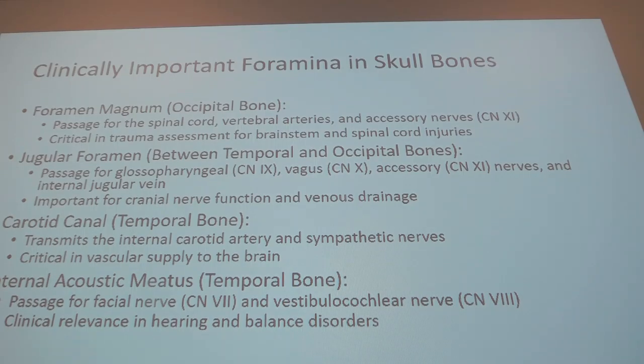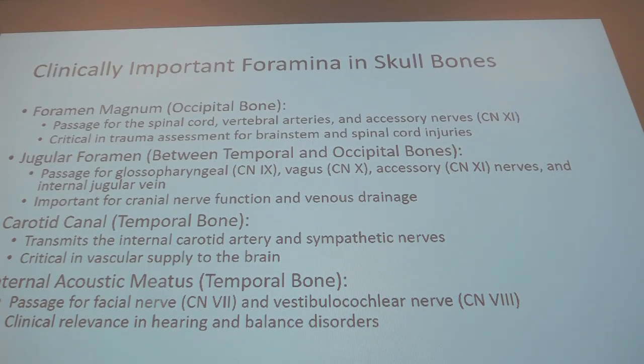It also allows the passage of cranial nerve number 11, which is the accessory. This one innervates a broad muscle that we have here that is called the trapezius. And this is critical in trauma assessment for brainstem and spinal cord injuries.